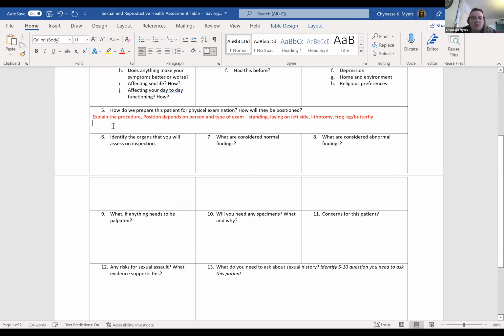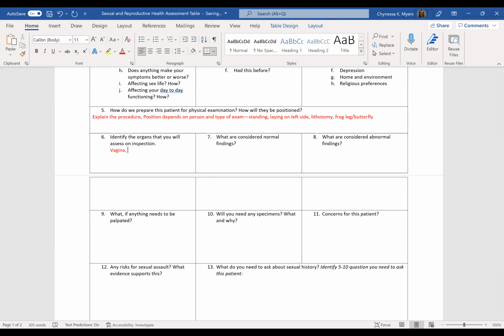Okay, so organs we'll assess on inspection. Let's start with the female genitalia. What kind of organs are we looking at? The vagina. Probably not the first thing we're going to look at, but that's going to be part of it.